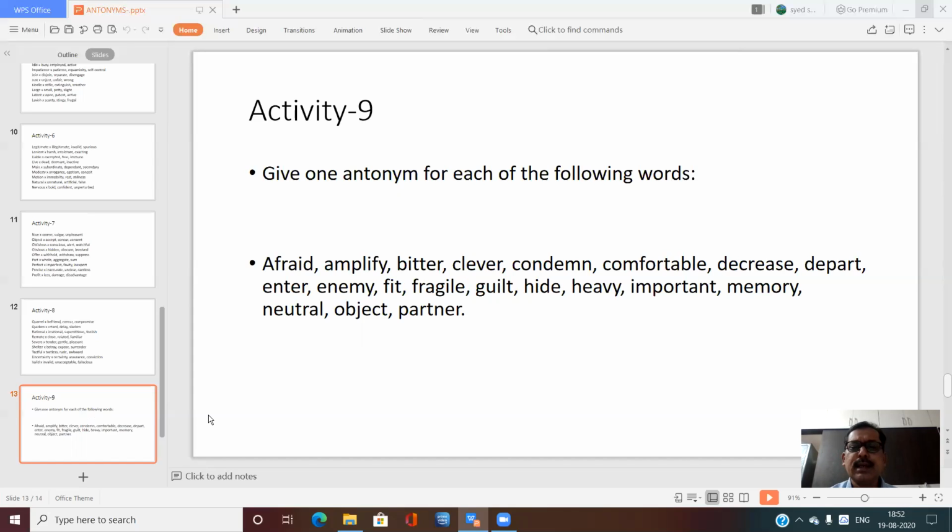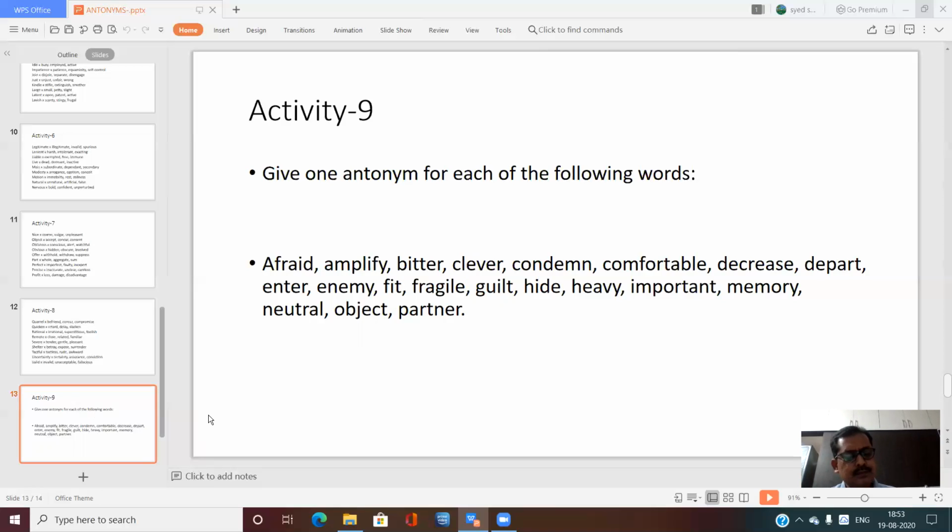Hide, expose. Heavy, light. Important, unimportant. Memory, forgetfulness. Neutral, biased. Object, conquer. Partner, rival. These are the antonyms of these words.